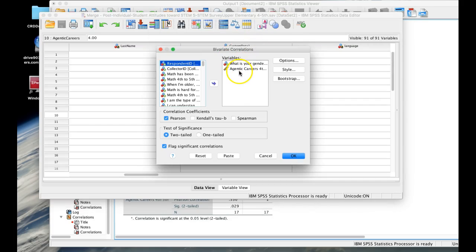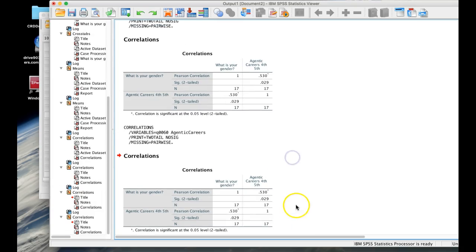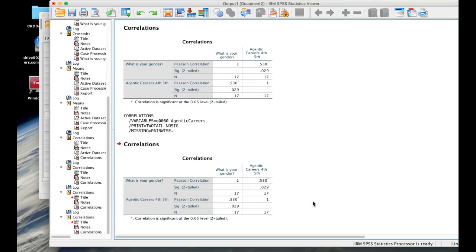I did gender and agentic careers, and I did a Pearson two-tailed. And I checked off flag significant correlations. So what occurred was that in the correlation with gender for agentic careers, SPSS did find a significant correlation at the 0.05 two-tailed level.